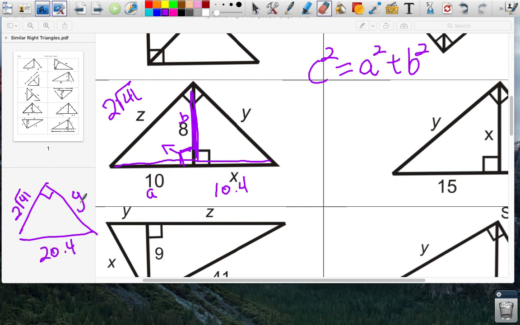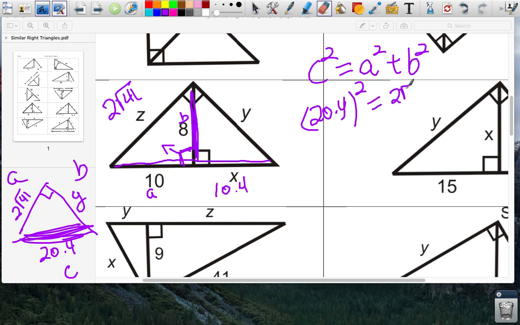And this y is one of the legs that I'm missing. So when I substitute, I get 20.4, which is the hypotenuse, as c, and a is 2 square root of 41, b is y. So 20.4 to the second power equals 2 square root of 41 to the second power, plus b squared, and I don't know what b is.